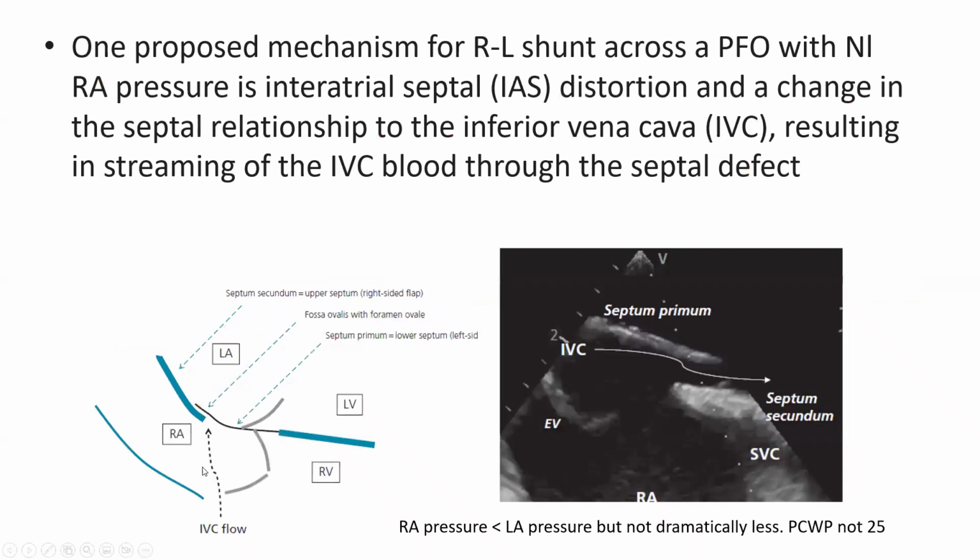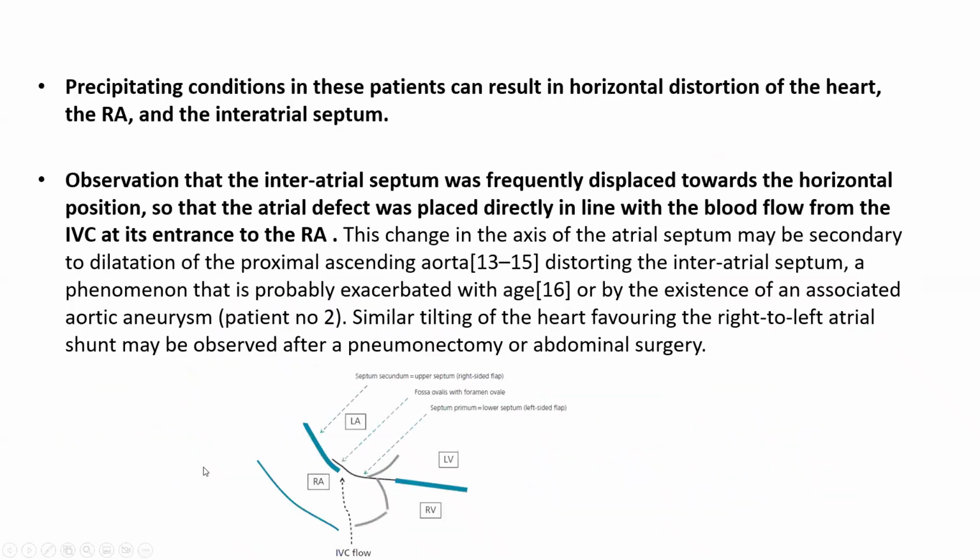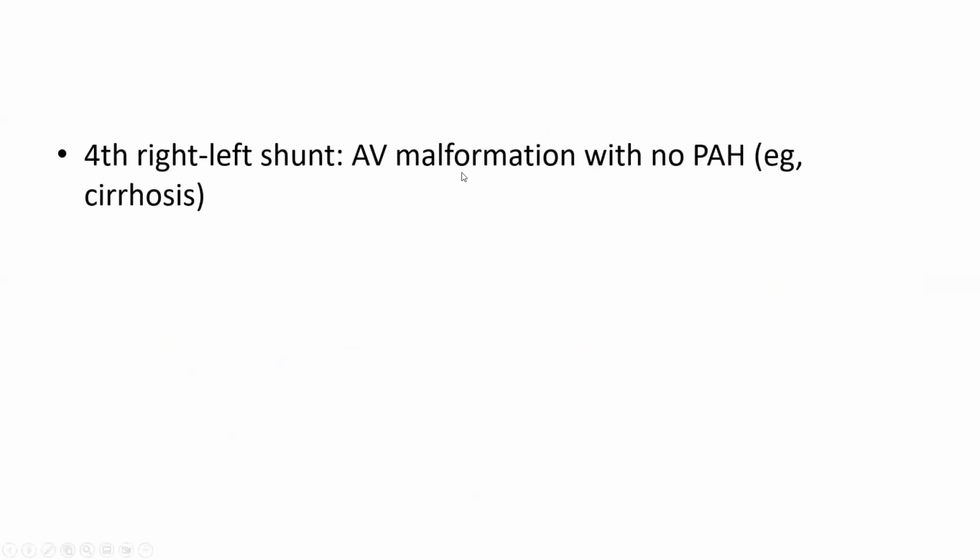Uncommon, but you may think about it in patients with severe refractory hypoxemia that doesn't improve with oxygen, particularly when it is positional or exertional, but not improving with oxygen supply. There is a fourth right to left shunt, which is AV malformation with no PAH. That's AV shunting at the lung level, such as in cirrhosis.